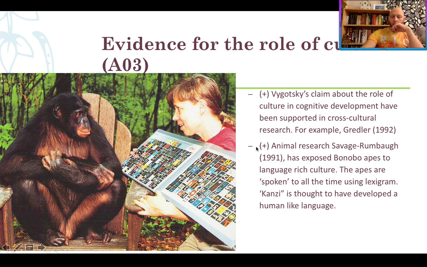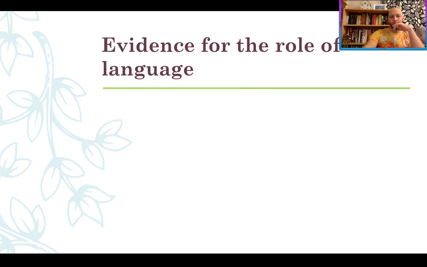And they demonstrate that Kanzi, this ape, can use these pictographs, what we call a lexigram, to put those together to make sentences or instructions like "me want banana" and stuff like that.